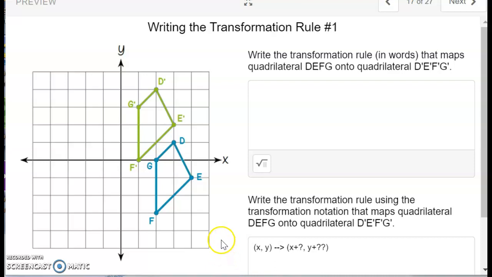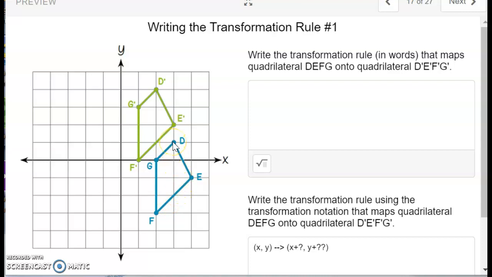Okay, number 17, now we're going backwards. We have 2 images. How do you know which is the original and which is the new? You look at the prime notation. Do you see that D here and D prime? That means the green is the new image from the D. Okay, so the green shape is the new, blue is the old.